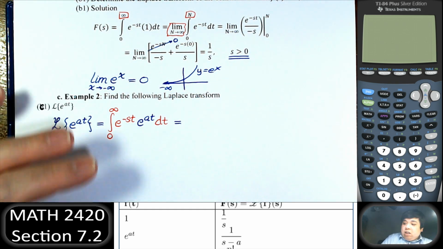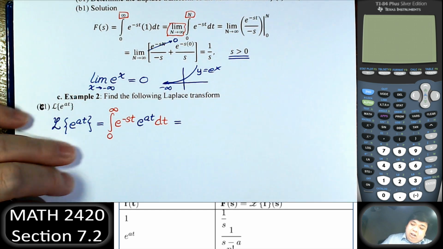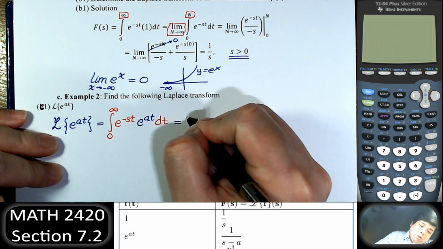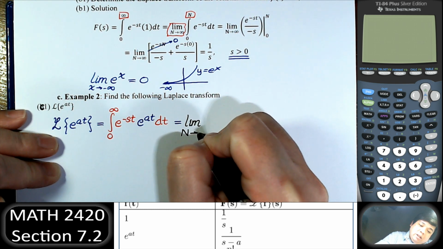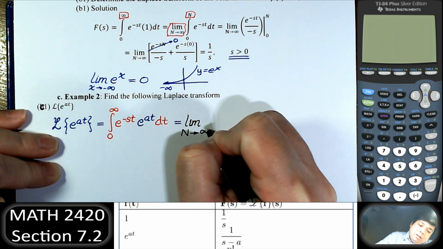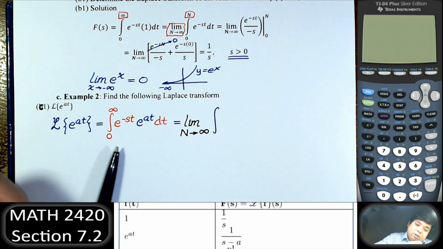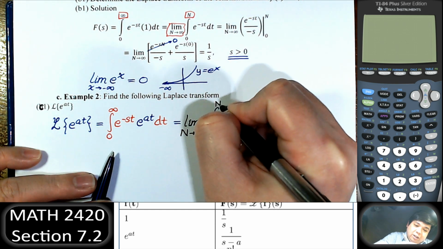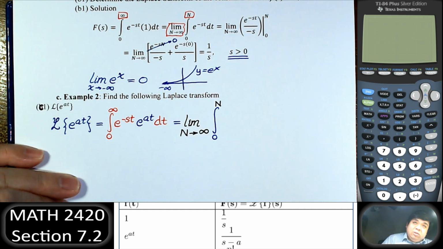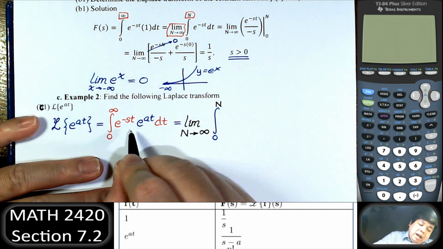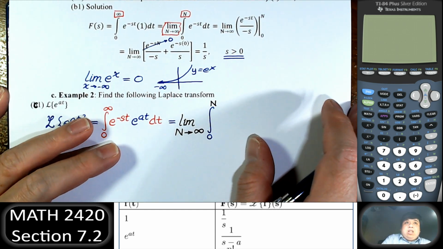But before we do that, we first need to take care of the limit. The infinity here makes it an improper integral, so we let n go to infinity, with n on the top and 0 at the bottom as the lower limit. Now, multiplying this together, we can add the exponents, and then we can factor out the t.